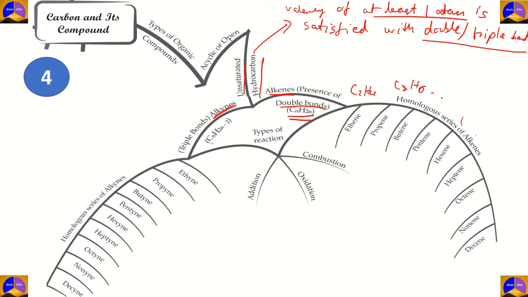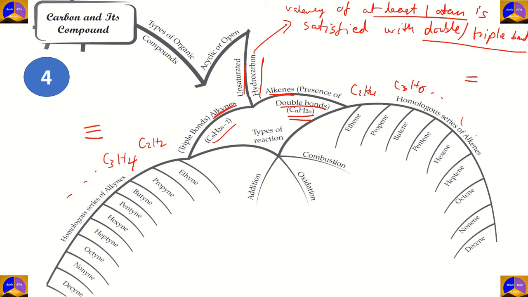Alkynes have the general formula CnH2n-2. So you get ethyne as C2H2, propyne as C3H4, and so on. So remember, alkenes have a double bond, alkynes have a triple bond.